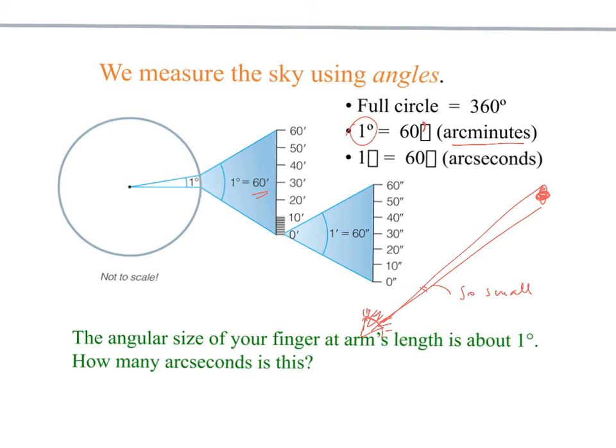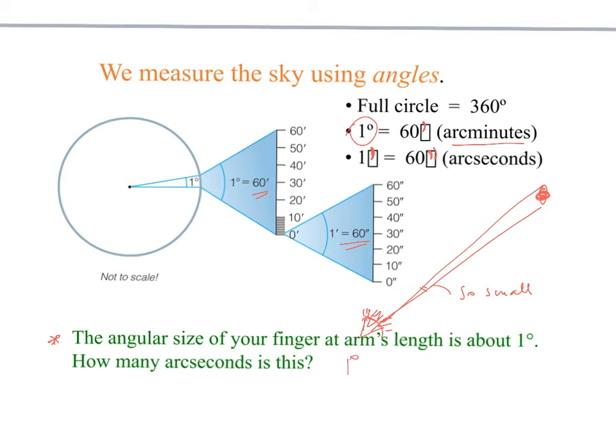Now, 1 arc minute can also be split into 60 arc seconds, and the symbol for the arc seconds is going to be 2 commas. Now here's a question. If the angular size, that is the angle subtended by your finger width at arm's length, is about 1 degree, then how many arc seconds is this?